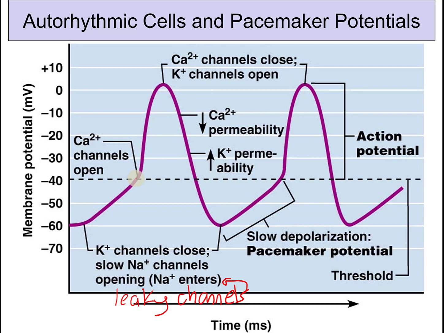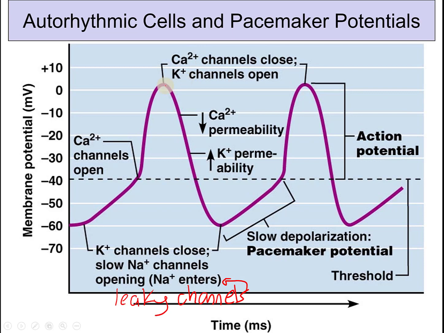Remember, it's a voltage gated channel, opens and closes at different voltages, but another voltage gated channel opens. It's called calcium. Now this is not a slow calcium channel like you find in cardiac muscle cells. It's just a regular old calcium channel, and this lets calcium in. And so now you get a lot of positive charge, and you get up to about +2, +3. That closes the calcium channel, but at that voltage another one opens, potassium.